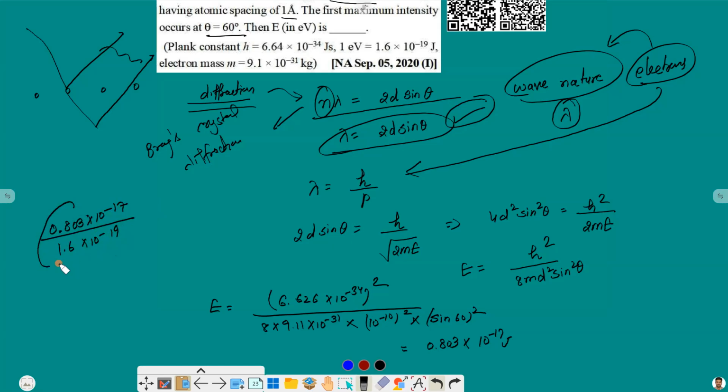So this will basically give us half into 100, so that will be approximately 50 electron volt, and that will be the answer here, 50 electron volt. So with this, let's move to the next one.